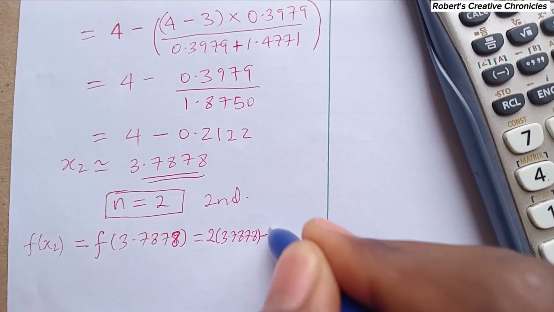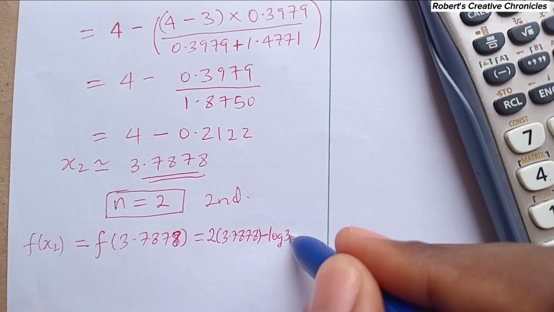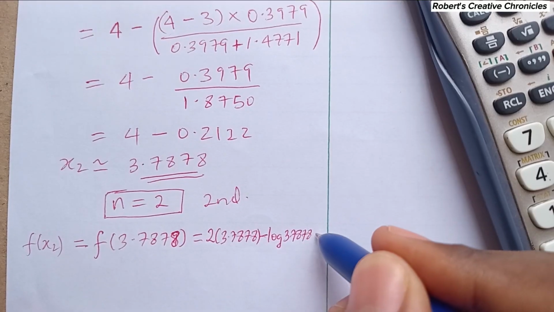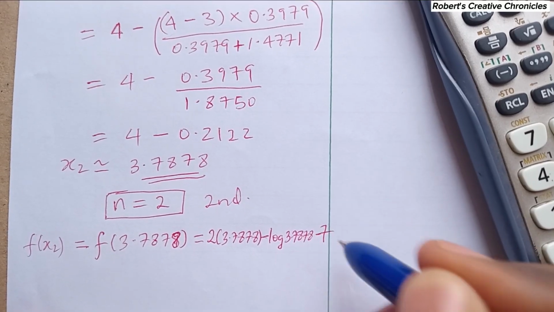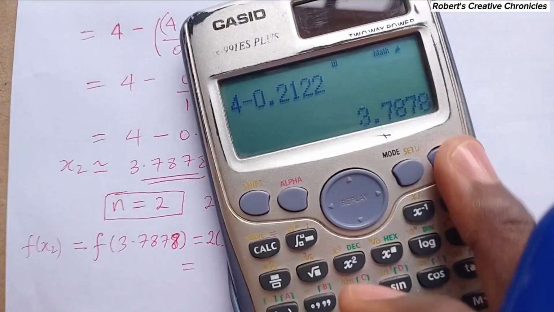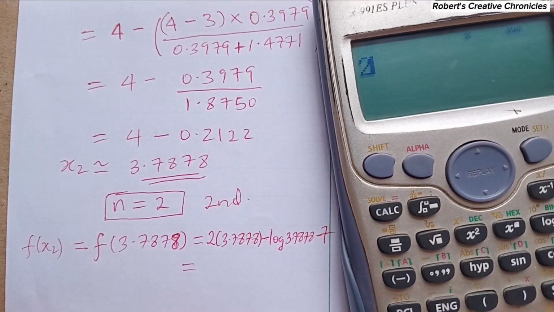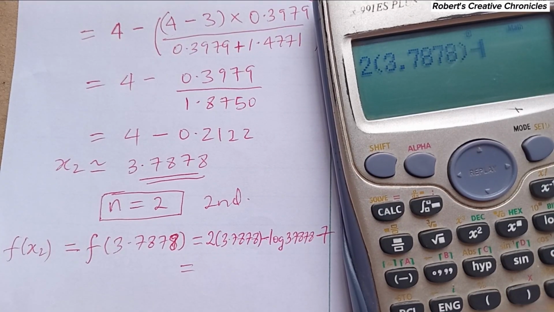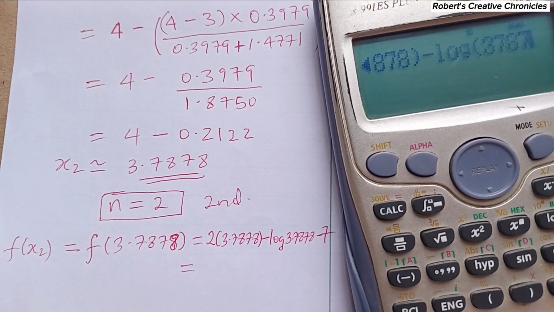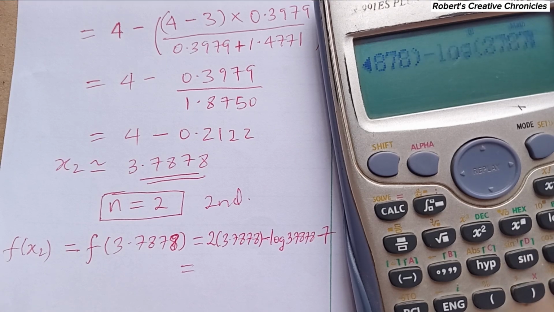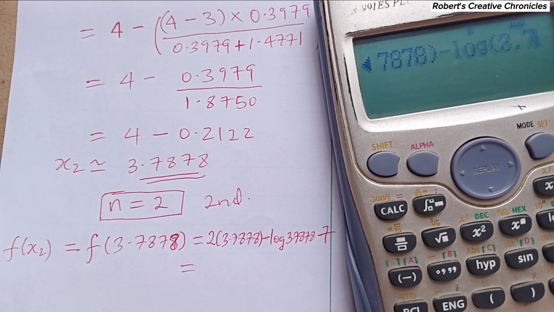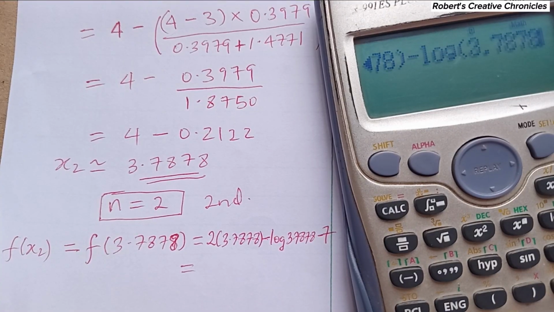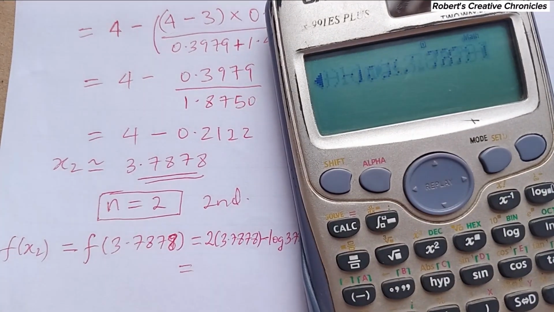So it's 2 times 3.7878 minus log 3.7878 minus 7. So it's what? It's 2 times 3.7878 minus log 3.7878, then minus 7.